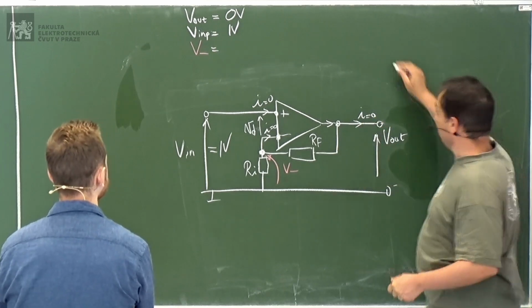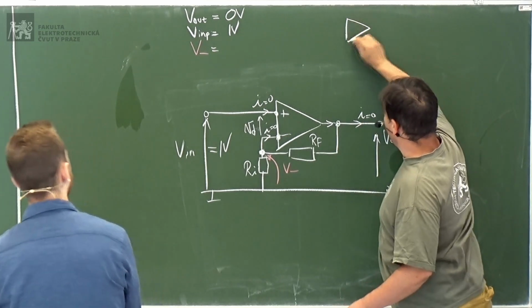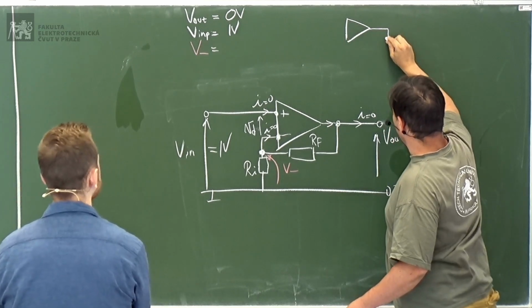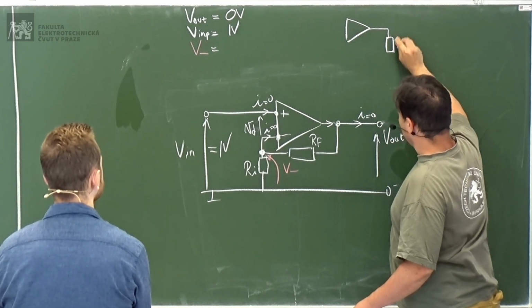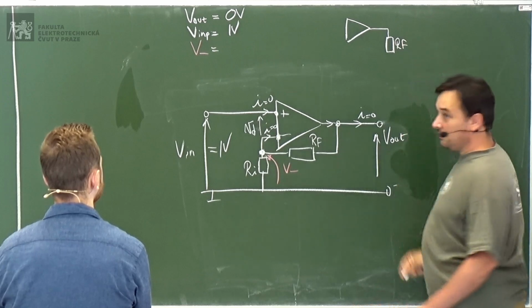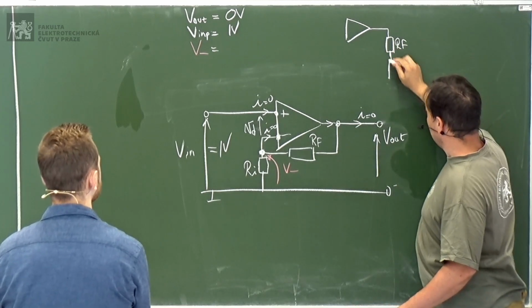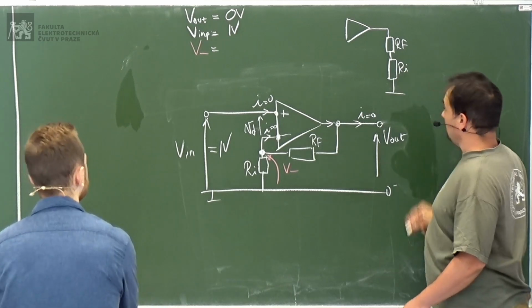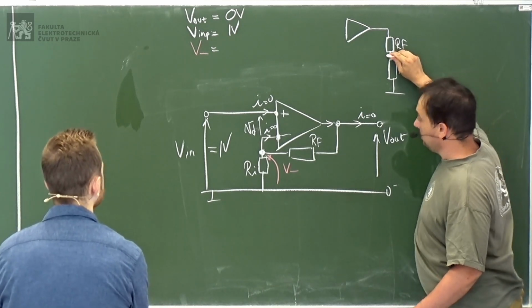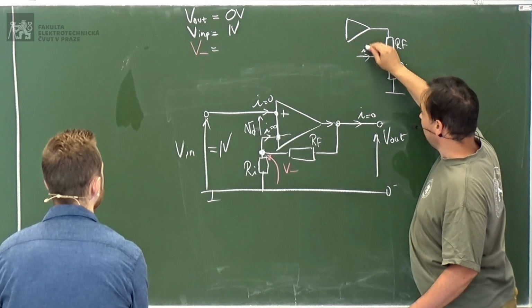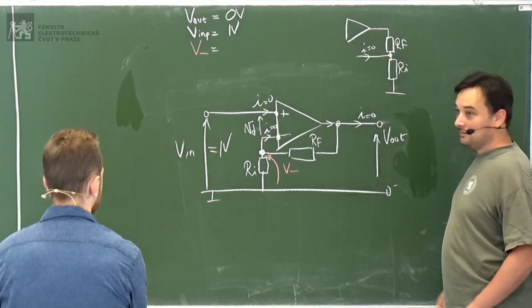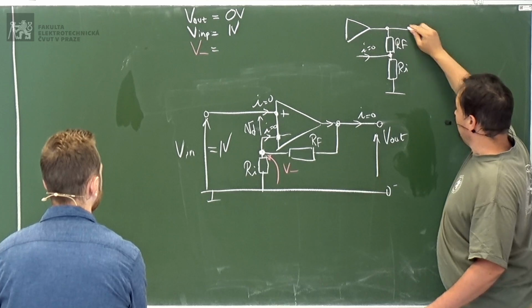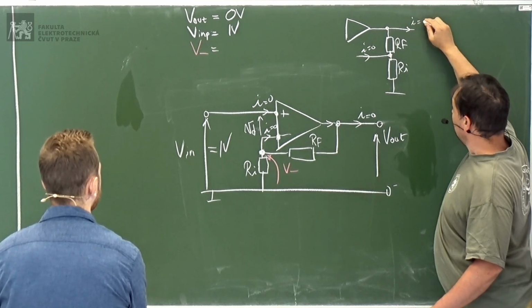So, as a matter of fact, here I have my amplifier, which has the feedback resistor. It has an input resistor. Then there is a connection here, but the current here is 0, and the current here also is 0.